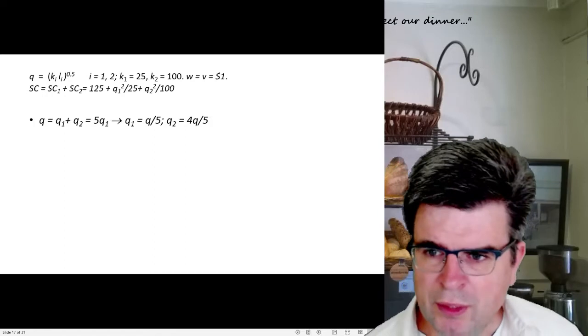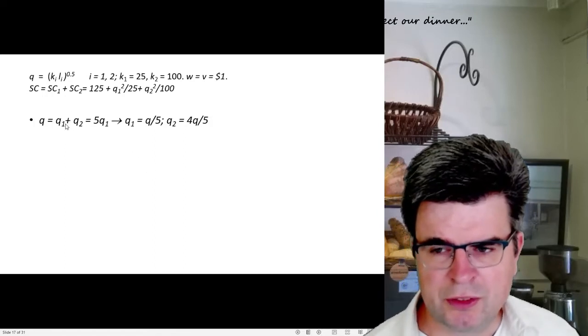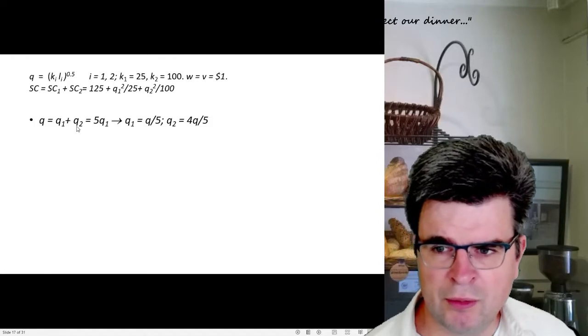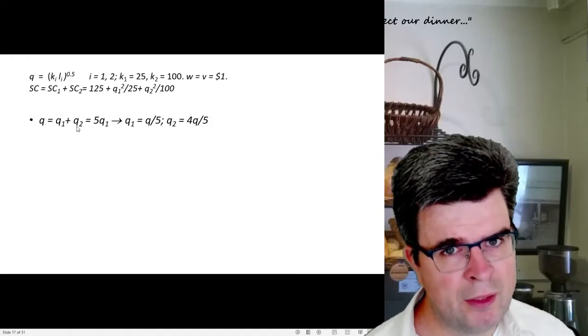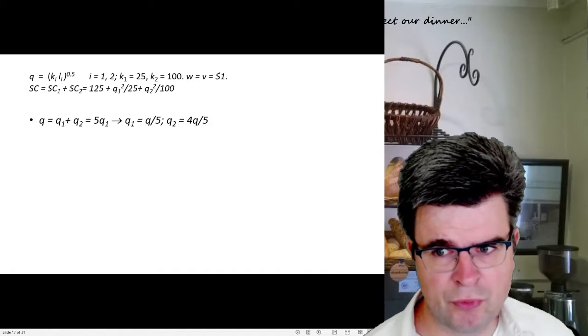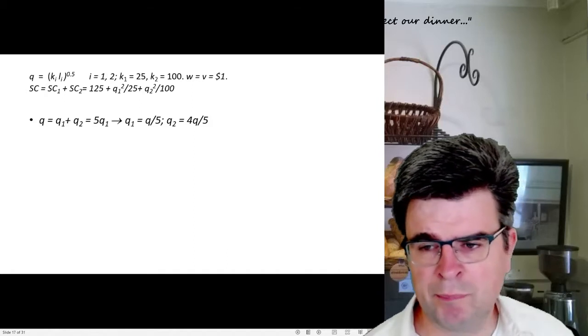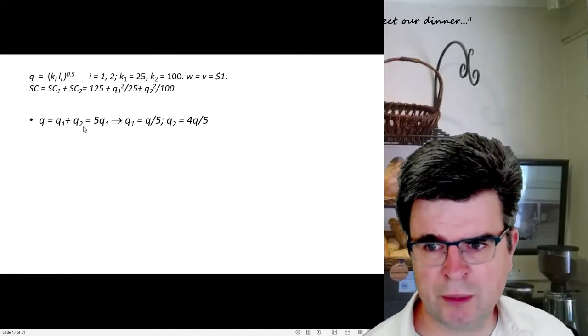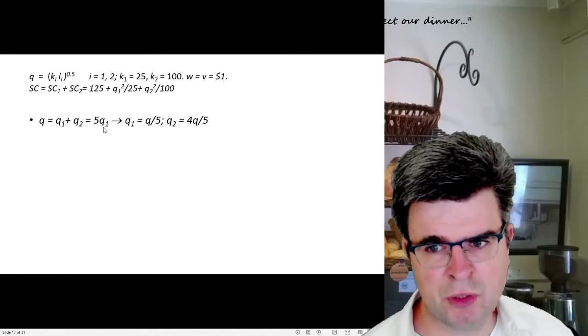Okay, so we know that total output is Q. It's the sum of Q1 and Q2. And the production at plant 2 at the optimum is 4 times the production at plant 1. So we can replace the Q2 over here with 4 times Q1, and then we get 5 times Q1.